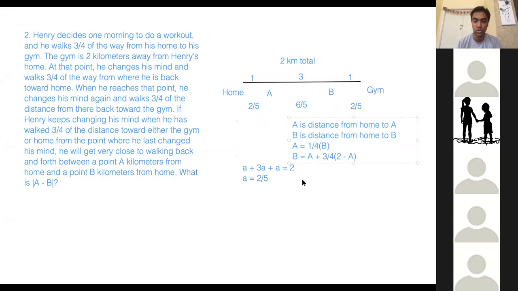And you can solve these 2 equations, but what you'll eventually get is the same things that we found here. So A is 2/5, and B is, if we write the formula this way, the total distance from home to point B, which is 2/5 plus 6/5, which is 8/5.